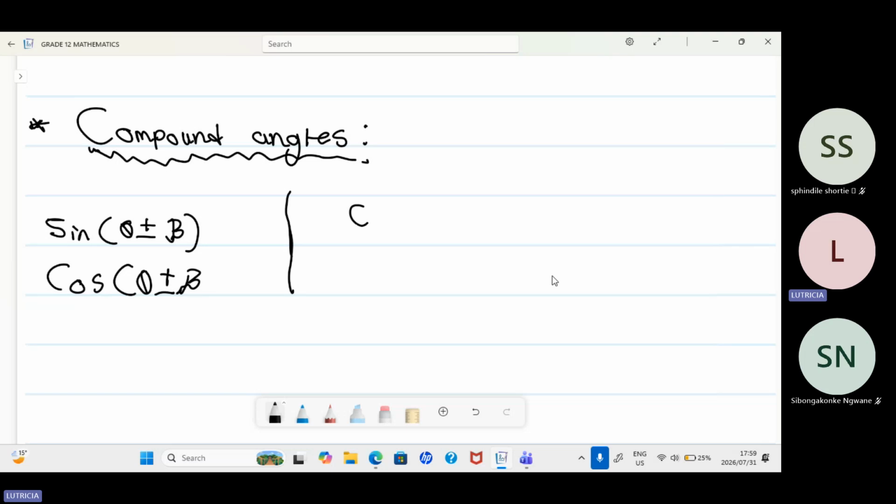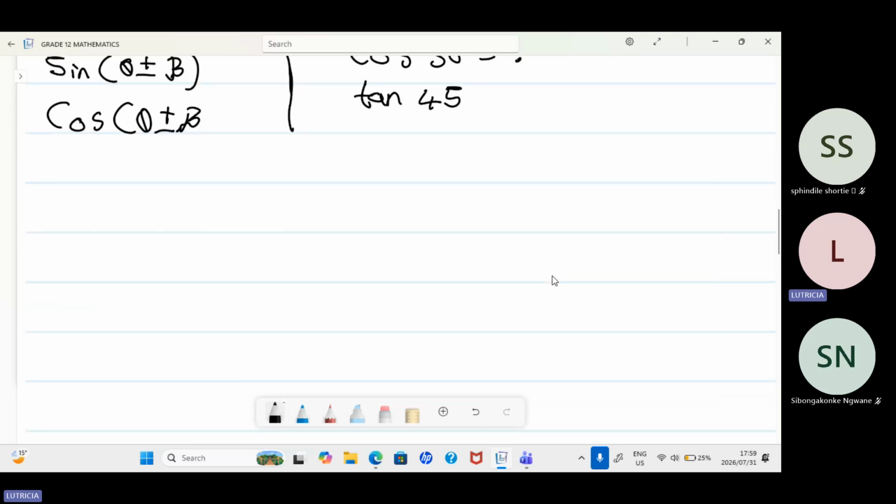For example, what cos 30 equals to, and let's say tan 45, right? With this, the best way to find it without even using a calculator is by using these triangles.